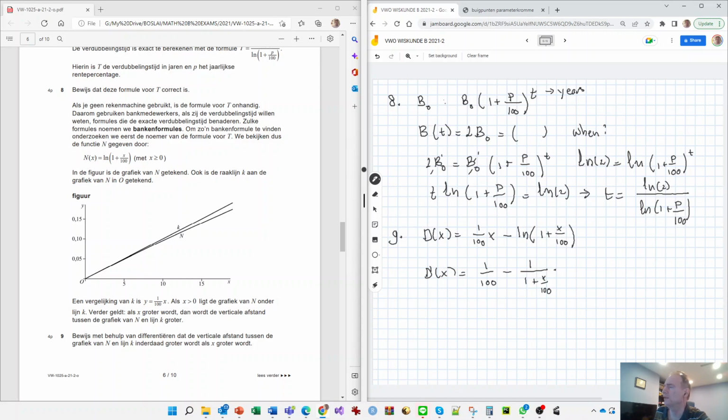Remember the chain rule, guys? Times 1 over 100. It's 1 over 100 minus, why do I always do that? Plus x.